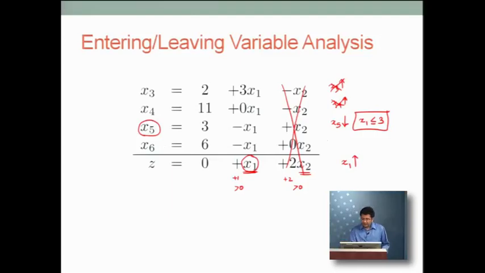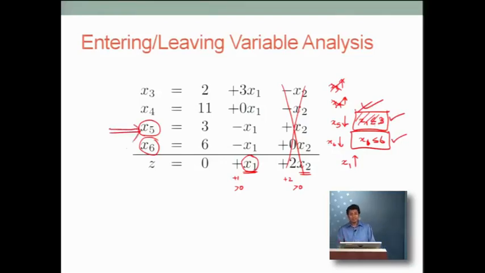Likewise, x6 decreases. So I cannot take x1 beyond 6, or else x6 is going to become negative. So you have x1 less than or equal to 3 and x1 less than or equal to 6. The constraint x1 less than or equal to 3 trumps x1 less than or equal to 6, and therefore the leaving variable corresponding to x1 is x5.